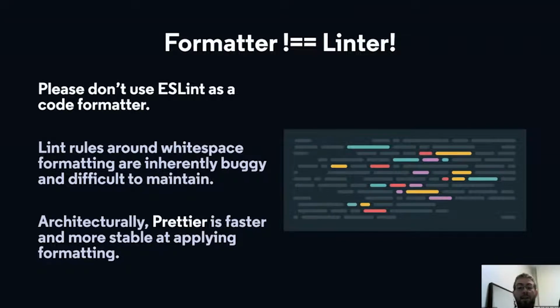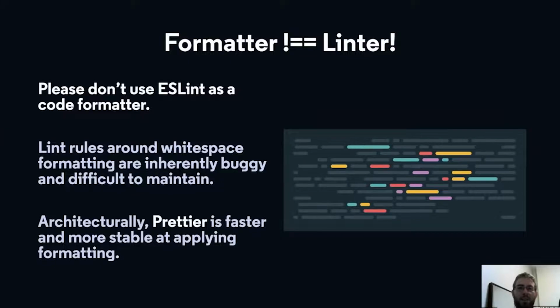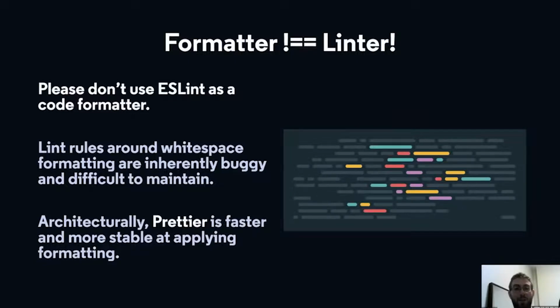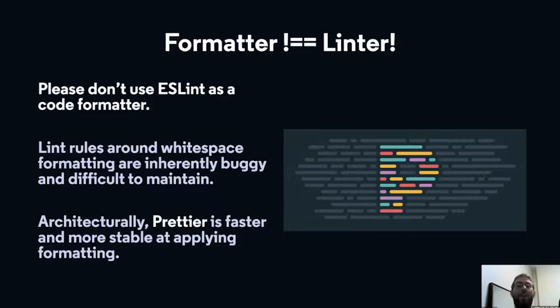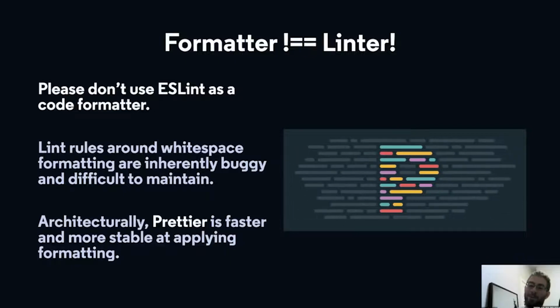It's a tool that picks up on occasional problems with your code behavior, the real behavior of the code, the naming, the usage, the declarations. That's different from a formatter, which is a tool dedicated to formatting your code, the white space, the end lines. Linters are notoriously bad at enforcing formatting opinions. Please don't use ESLint as a code formatter.